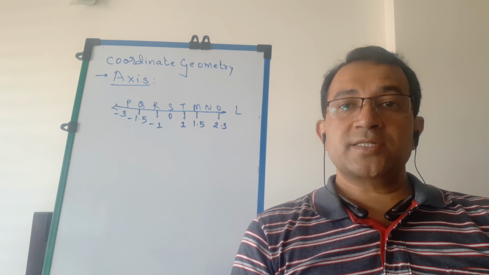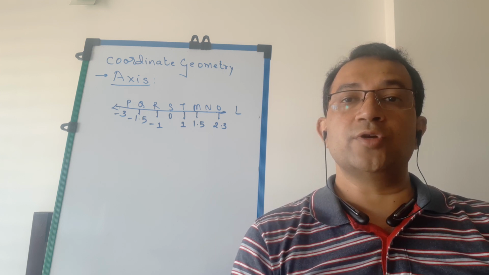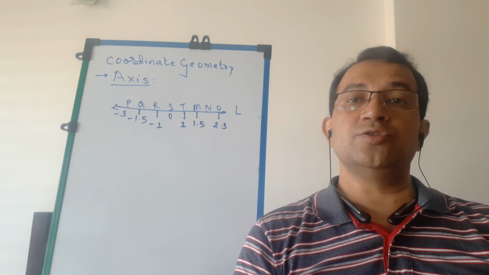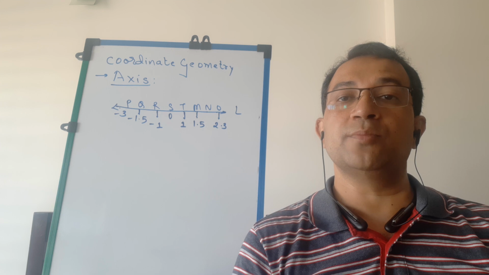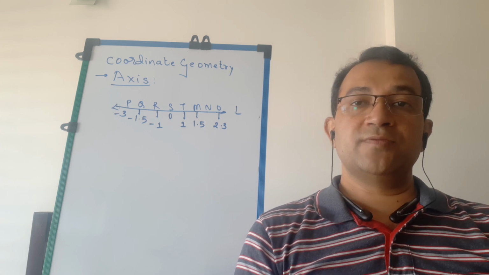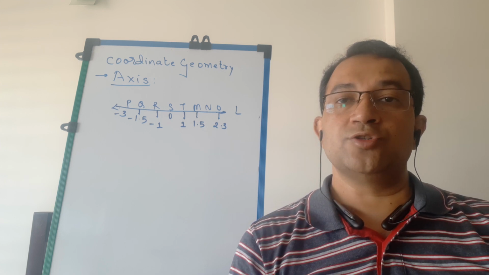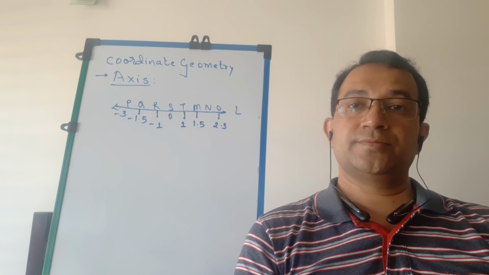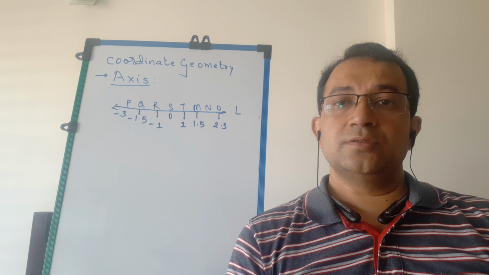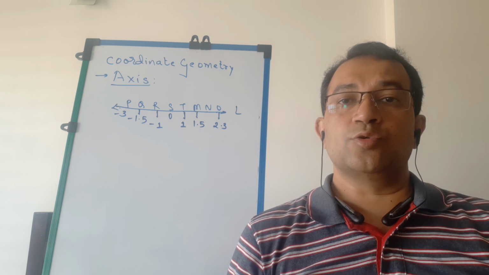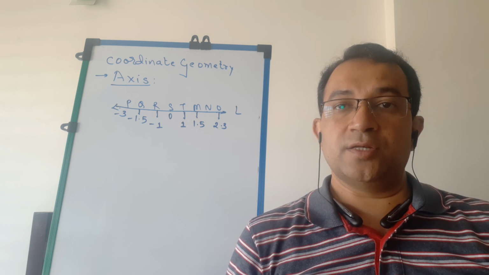So students, understand the difference between geometry and coordinate geometry. In coordinate geometry, we always deal with coordinates along with the points. And that is why the term coordinate geometry is used. Now students, first of all you are familiar with coordinate axes, x-axis and y-axis.